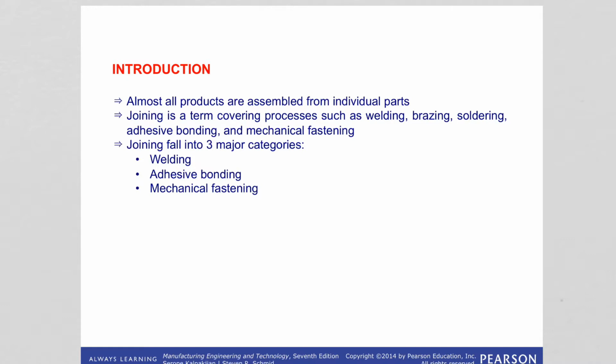One is welding, others are brazing, soldering, adhesive bonding, and mechanical fastening. If we want to divide them into categories, we can divide them into three categories, which we will learn one by one. First, we will start with welding in this chapter. Then there is adhesive bonding, and then mechanical fastening.